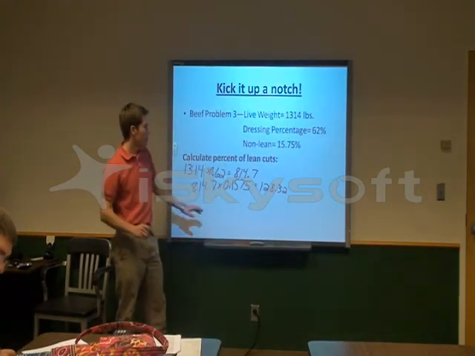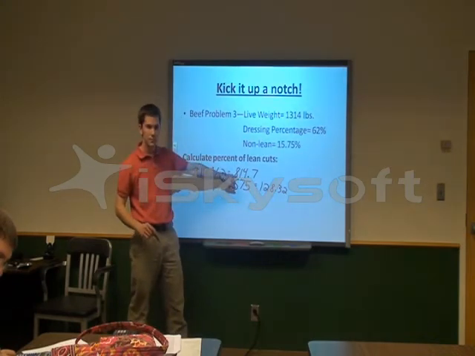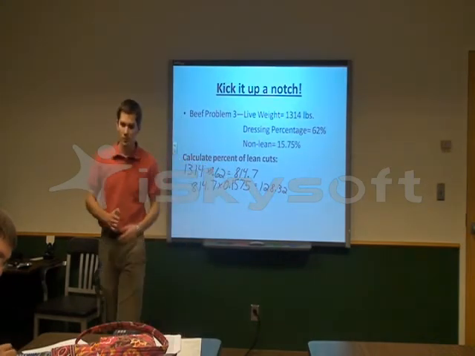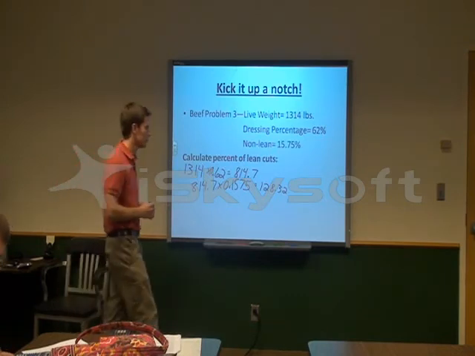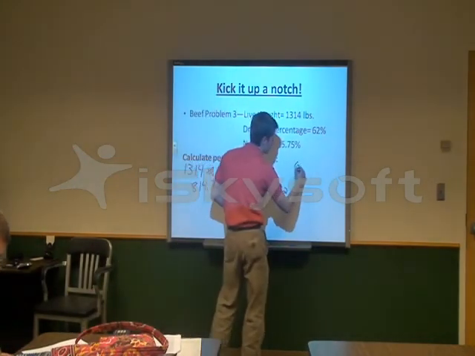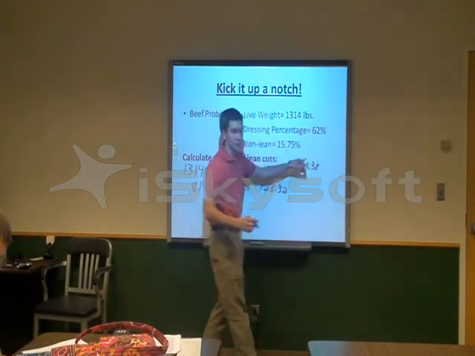So we'll go ahead and subtract this from our hot carcass weight. 814.7 minus 128.32 gives us 686.38. That's pounds of lean.